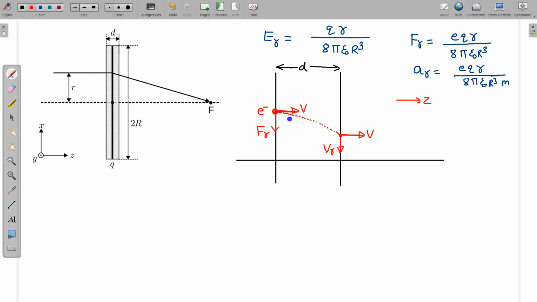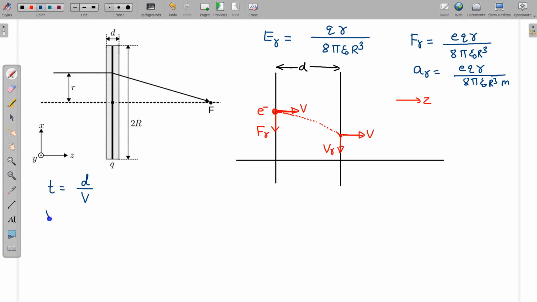So what is this constant force? This is that constant force, this is that constant acceleration. So what is this Vr? Let us first calculate the time taken to cross this active region. Simply apply the equation in the z direction. The displacement is d and the speed is v, so this is the time taken. And what is the gain in velocity in the radial direction?